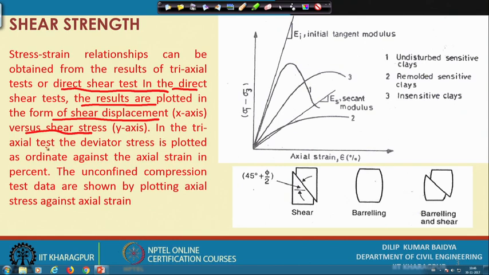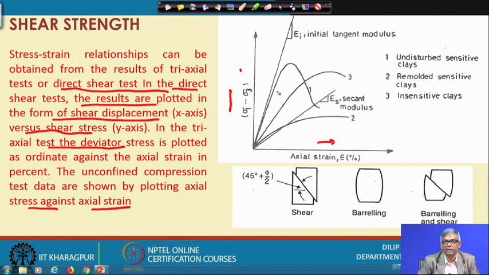In the triaxial test, one axis is deviator stress and the other axis is axial strain. For the unconfined compression test, it will be axial stress and axial strain. Instead of sigma 1 minus sigma 3, it will be axial stress, since sigma 3 is 0 and it is nothing but sigma 1.